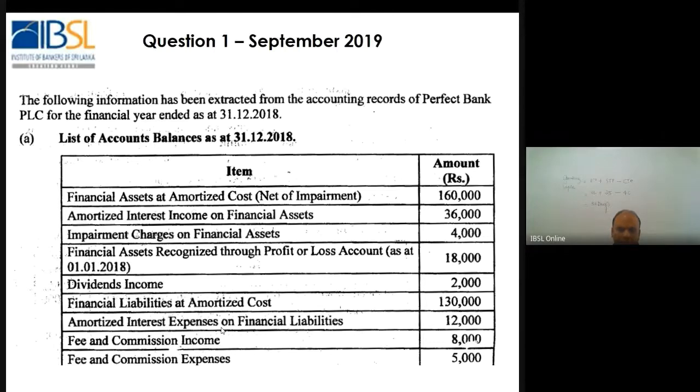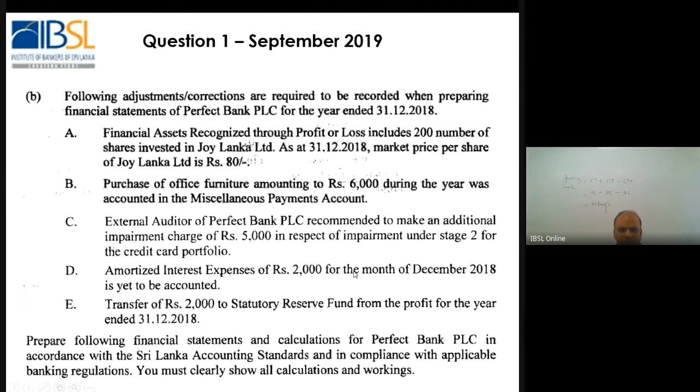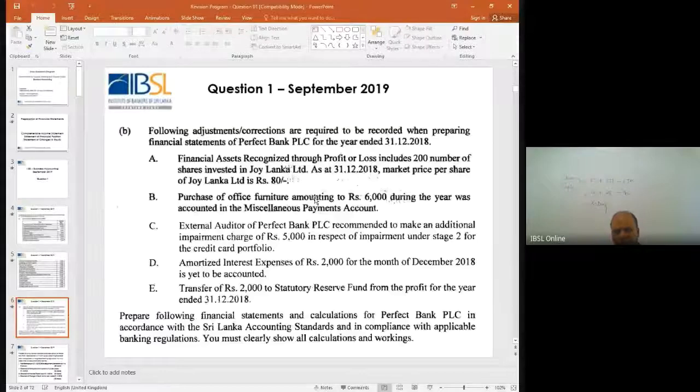When you go through the trial balance, you will see item number 4, financial assets recognized through profit or loss account. They say it is 18,000. But as at 31st December 2018, there are 200 shares and the value is 80 rupees.